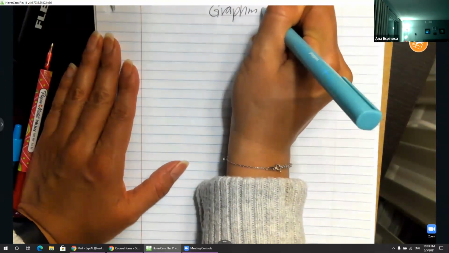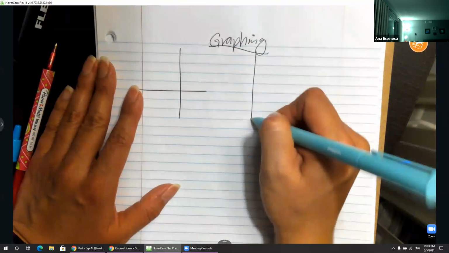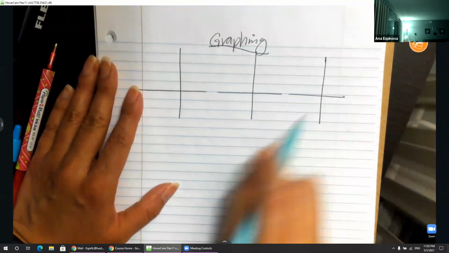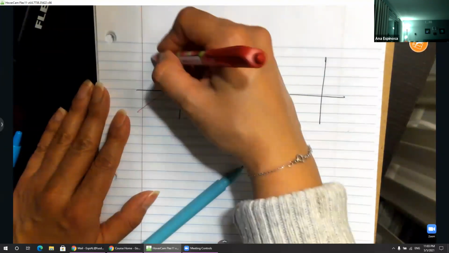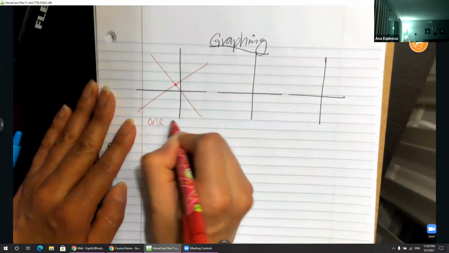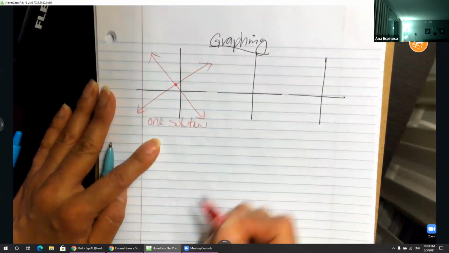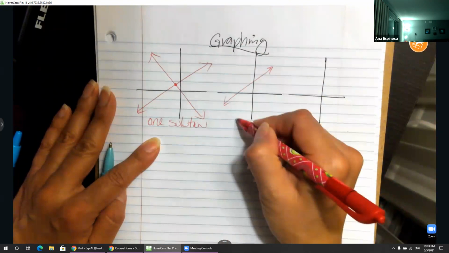So if you had two graphs like on the homework and they ask you what is the solution, let's check it out. We had these at the very beginning. Okay, the first one is where they meet, just one place, that is one solution. Okay, the next one is where they don't meet.